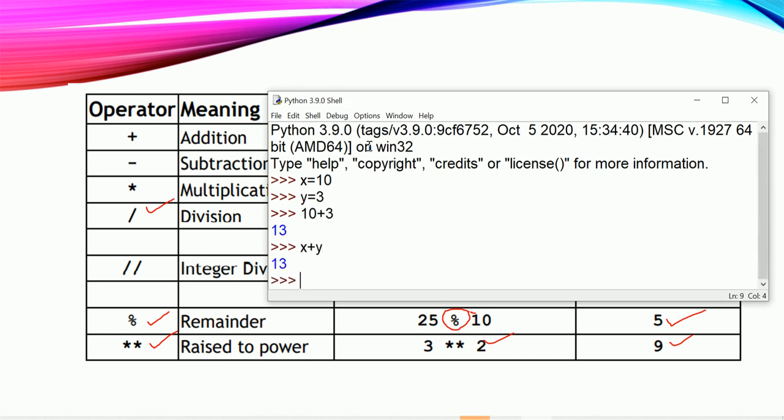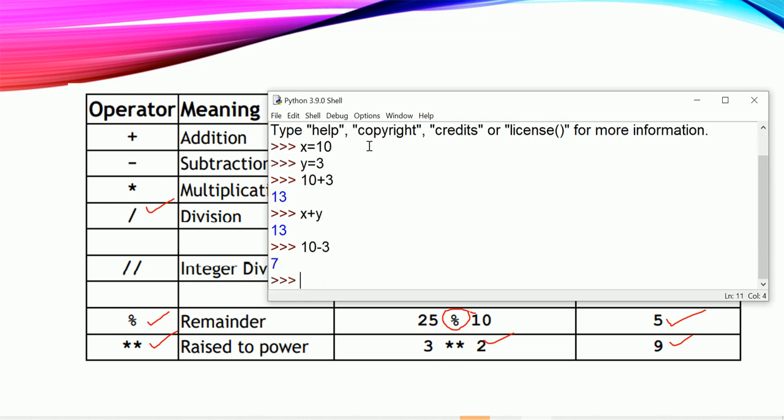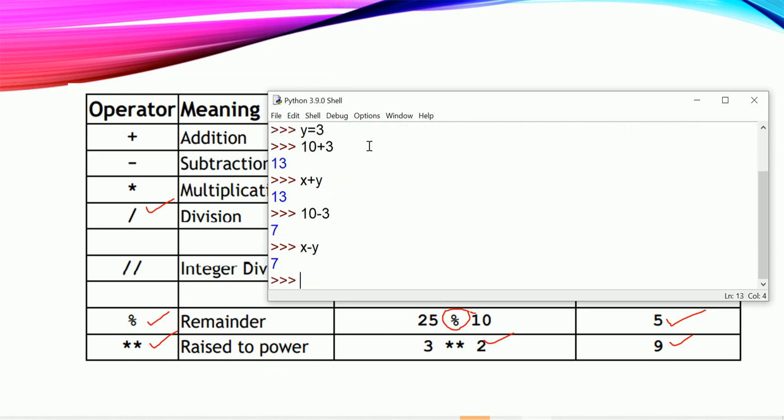We get 13. Subtraction: 10 minus 3 is 7, x minus y, same. Multiplication: 10 into 3, 30, x into y. We get 30.